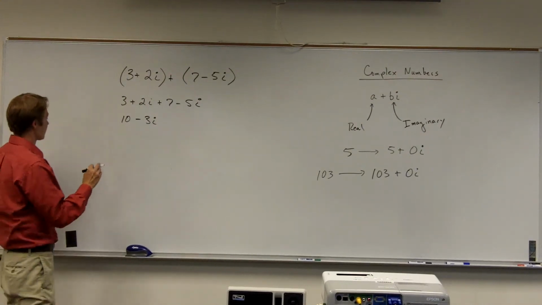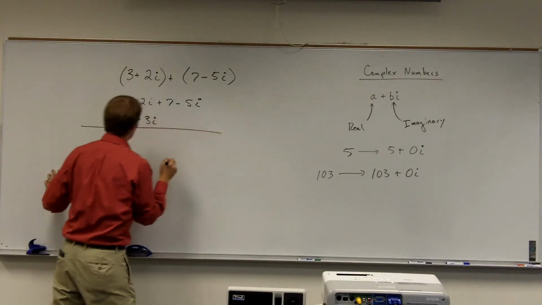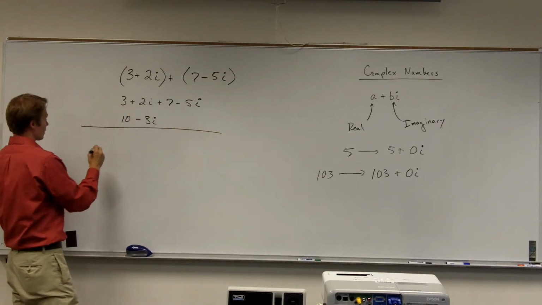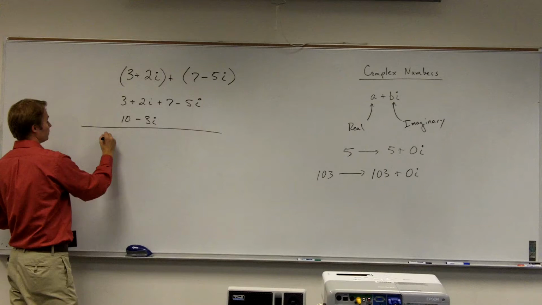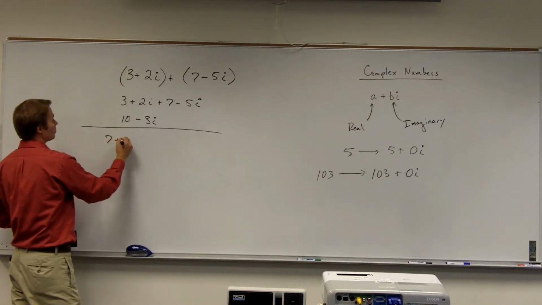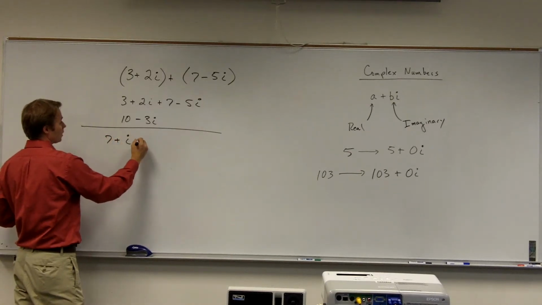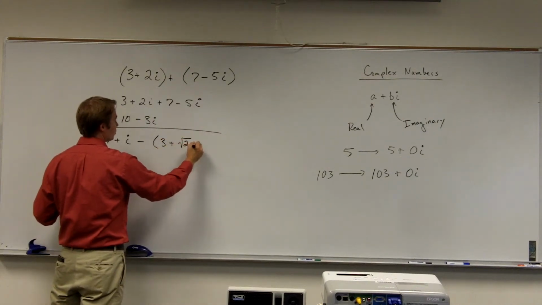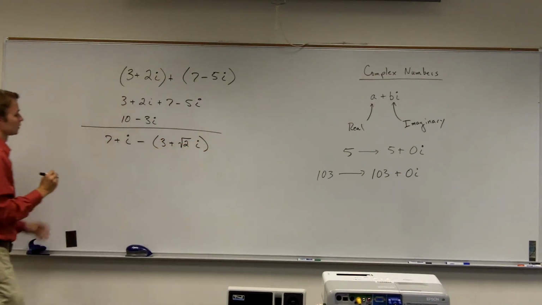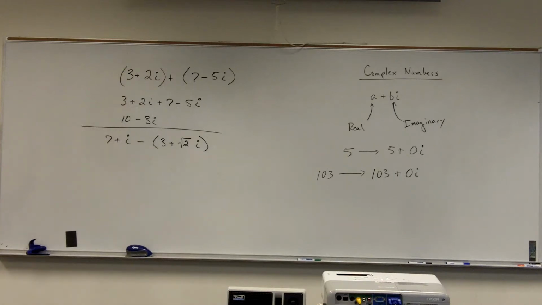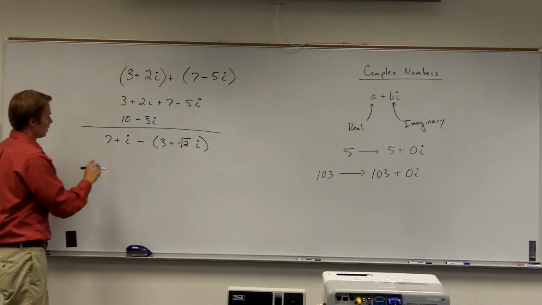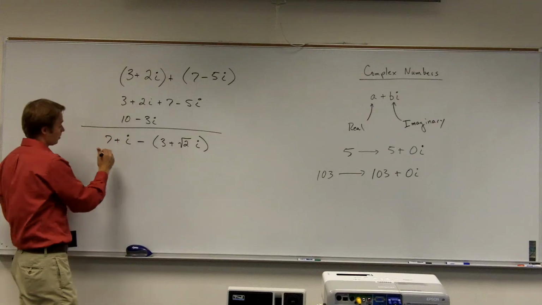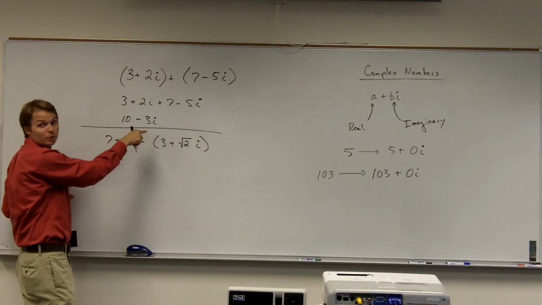So even something like this: 7 plus i, then minus (3 plus the square root of 2 i). Here I can just do my normal distribution of the negative.